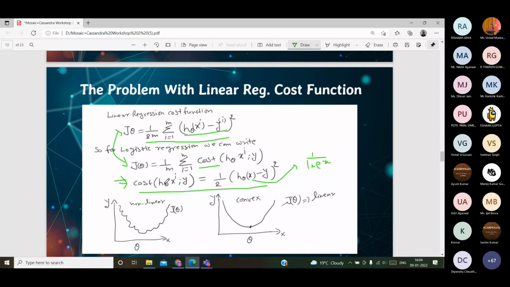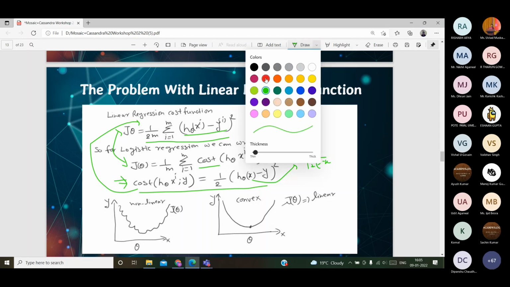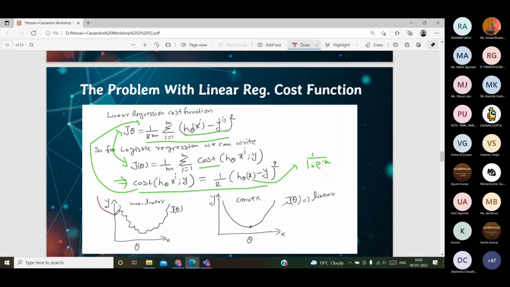And when we put this in j theta, we'll get a different type of function, this function. And what happens in this? There are a lot of local minima, so we'll never be able to reach here, because when we find a minimum here and go there, we will get a larger value.